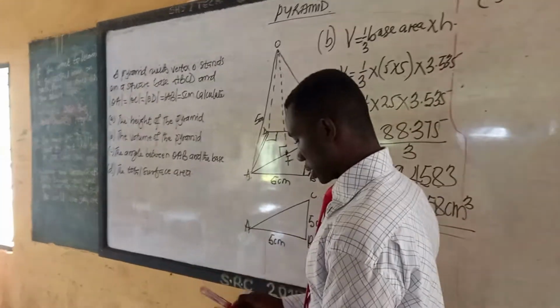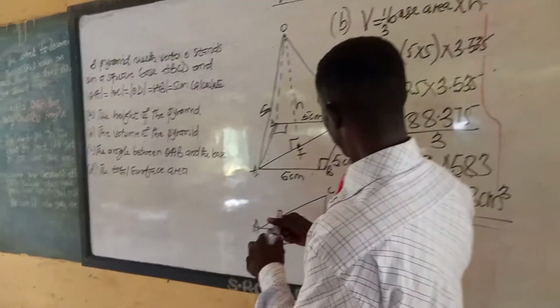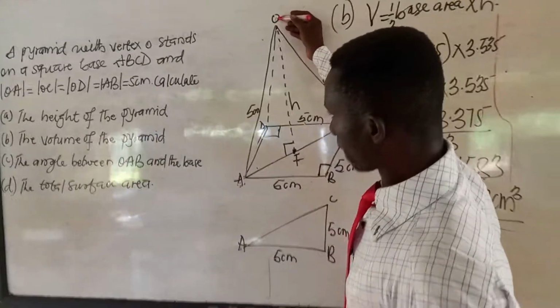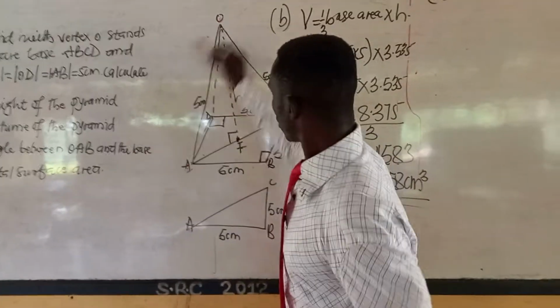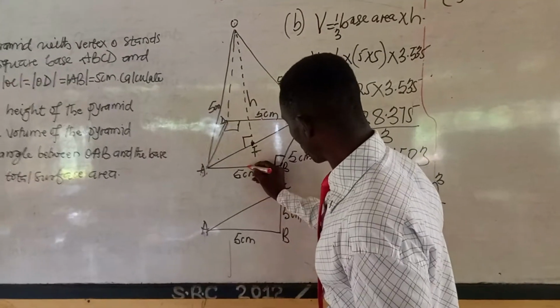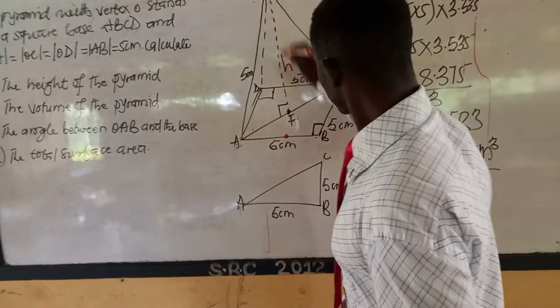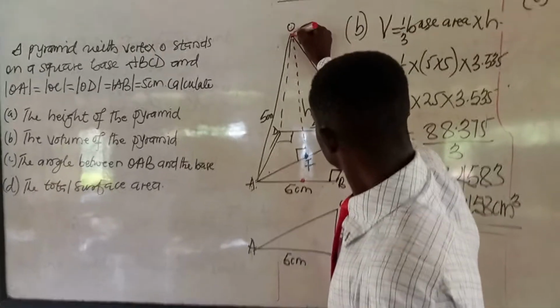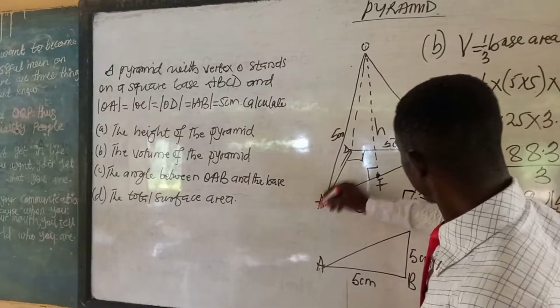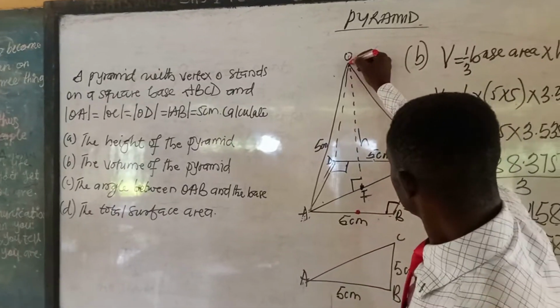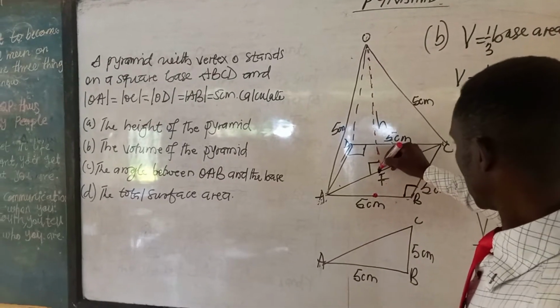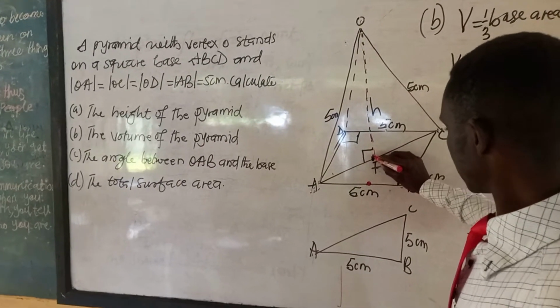Let me use a different marker. OAB. So it will be on the B. So this one will be the angle between OAB and the base. You see, this is the height of the pyramid.